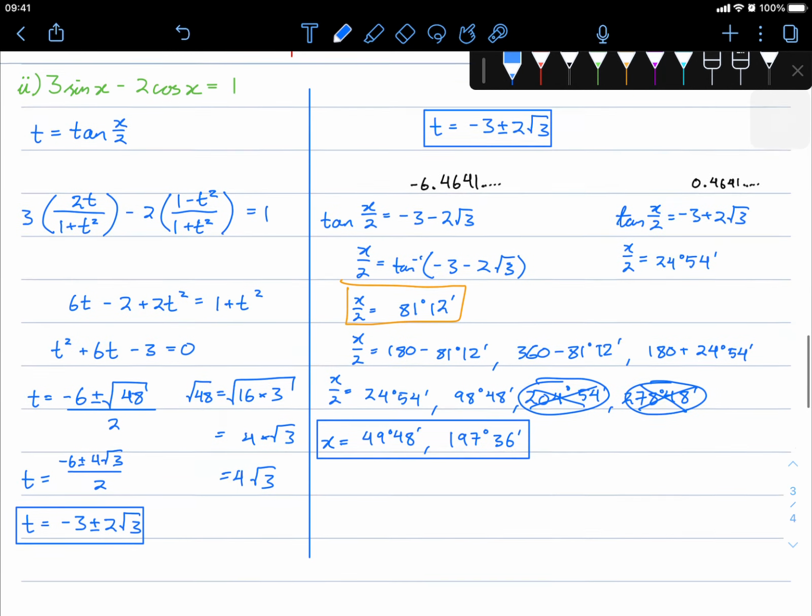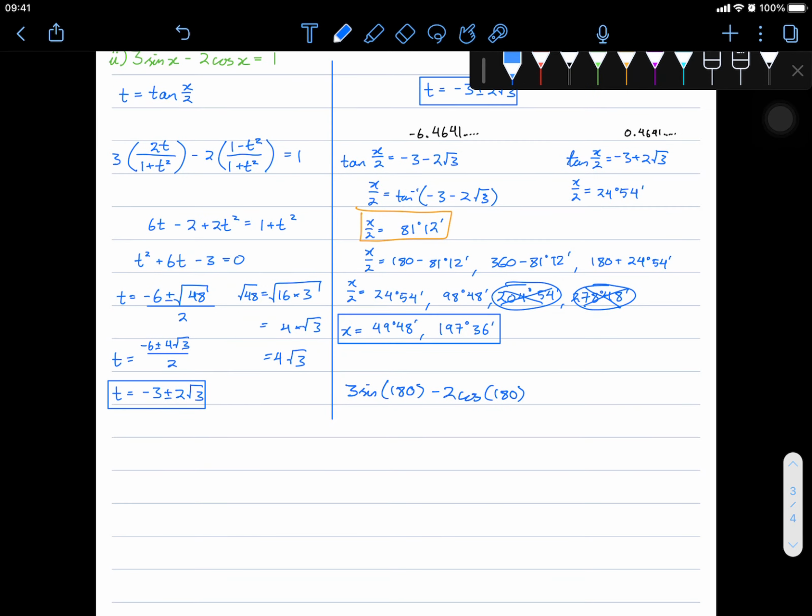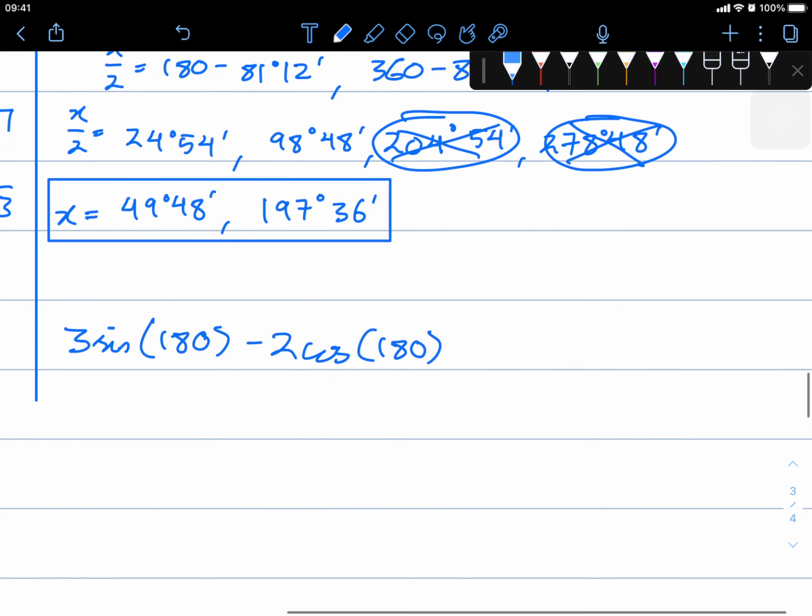So I'll demonstrate to you what I mean. So I'm literally going to type into my calculator 3 sine times 180. I'm just copying this out here. Minus 2 cos times 180.